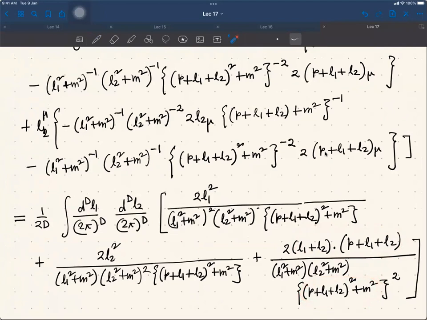Now the quantity in the numerator, which is this, I shall write by breaking it into two pieces. I have to write L1 plus L2, which I will write as P plus L1 plus L2 minus P. So (P plus L1 plus L2) square minus P dot (P plus L1 plus L2).